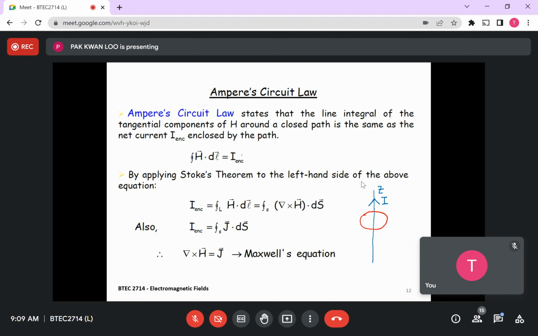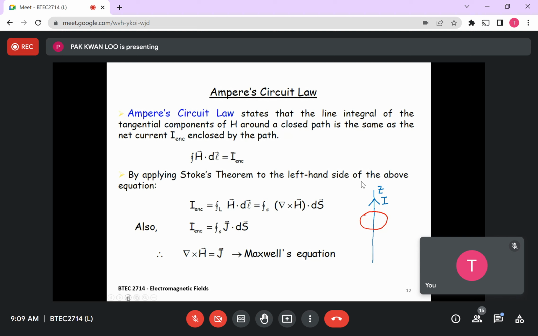So how do we apply Ampere's law? It is the same as Gauss's law, but instead of a closed surface, this is a closed path. Here you can see that it is a circle.